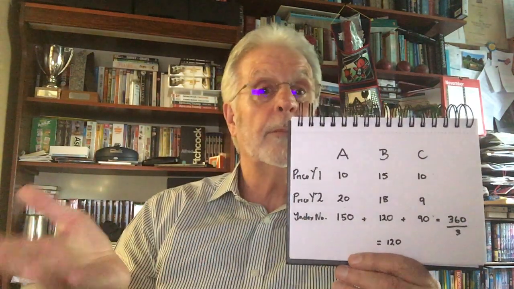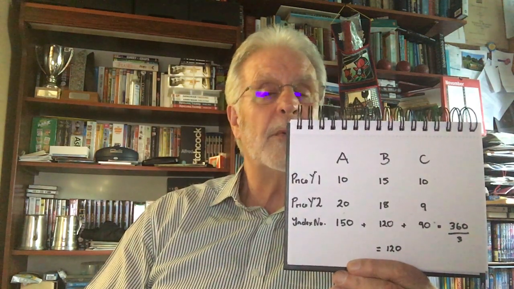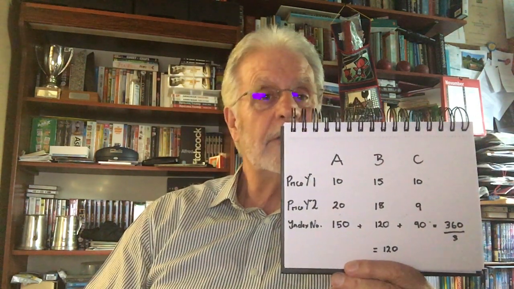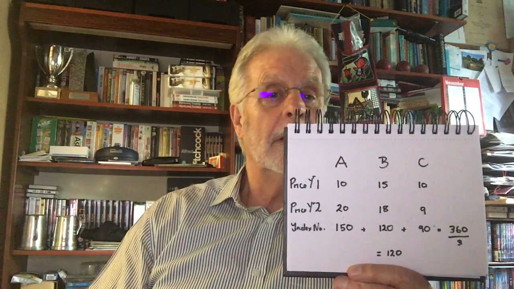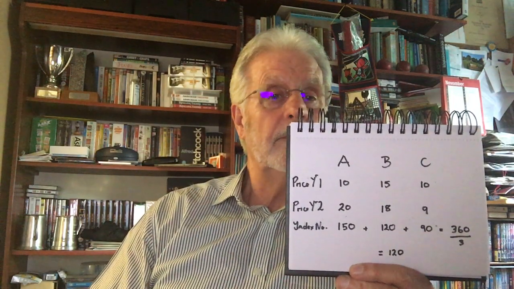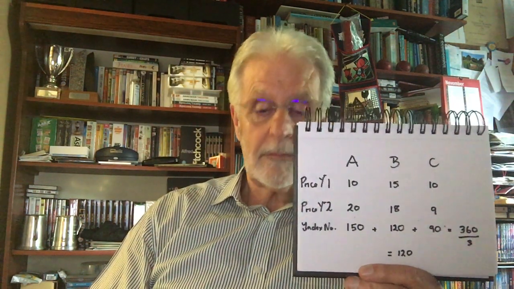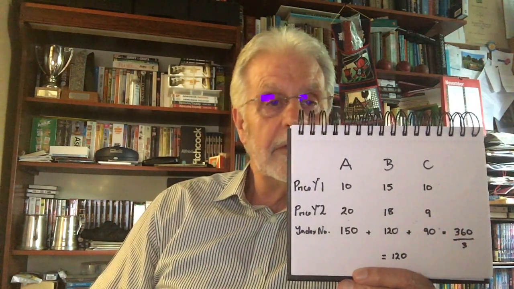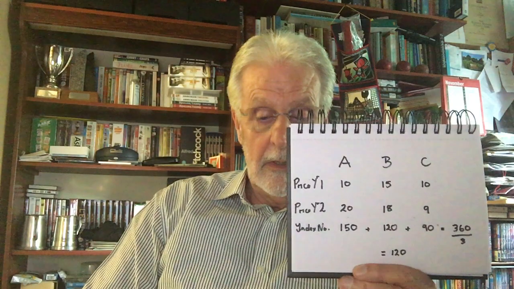These could be products you're producing or consuming, it doesn't matter. Their prices are 10, 15 and 10 for year 1. By year 2, A's gone up from 10 to 20, B's gone up from 15 to 18, C's actually gone down from 10 to 9.